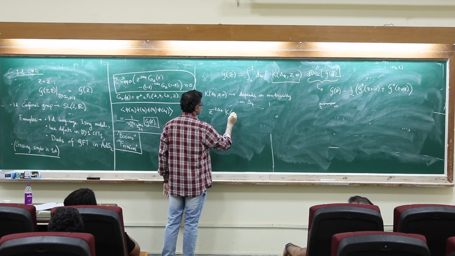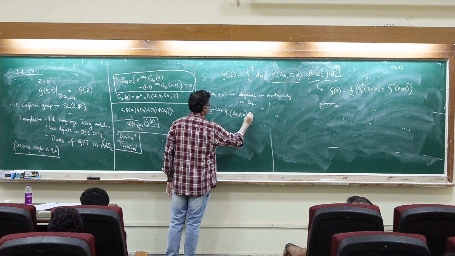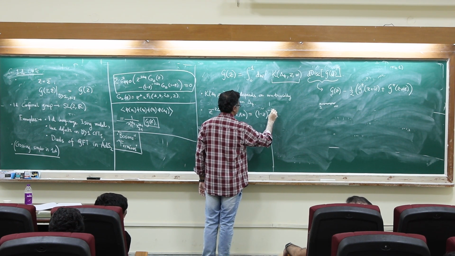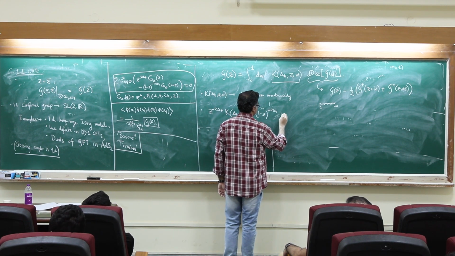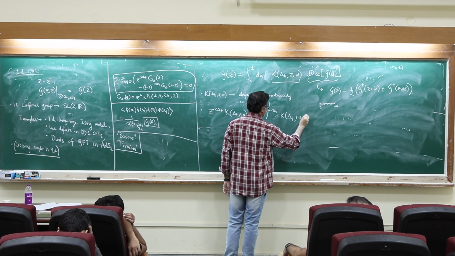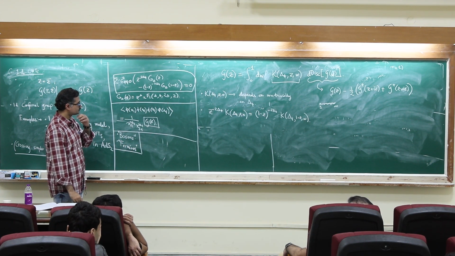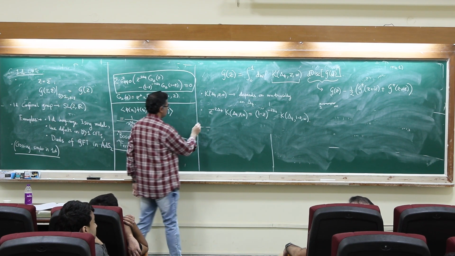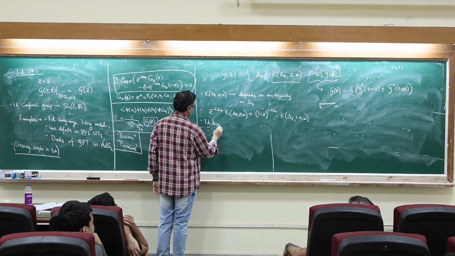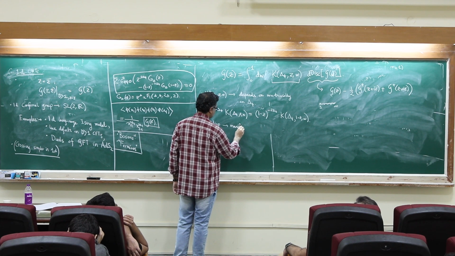This comes out as a result of the computation, that this kernel has this symmetry property, and therefore the 1D dispersion relation is manifestly crossing symmetric.